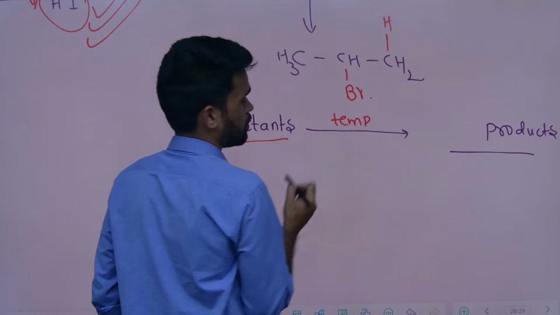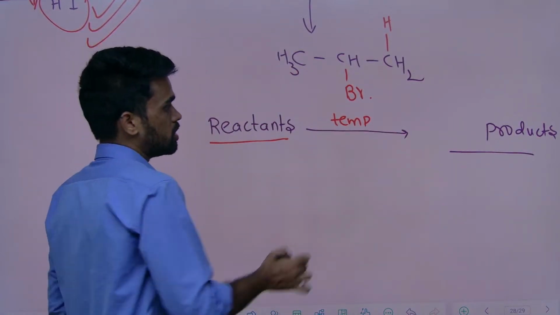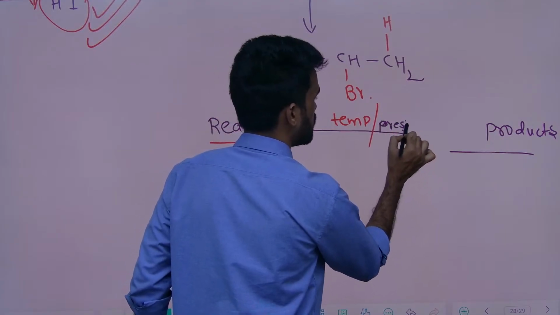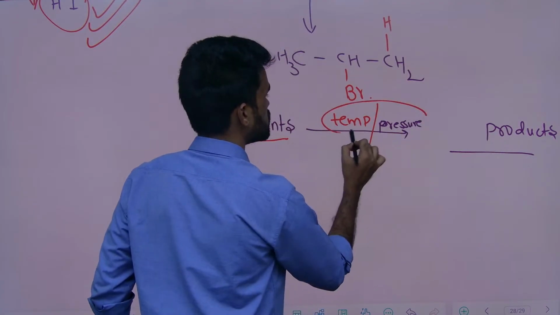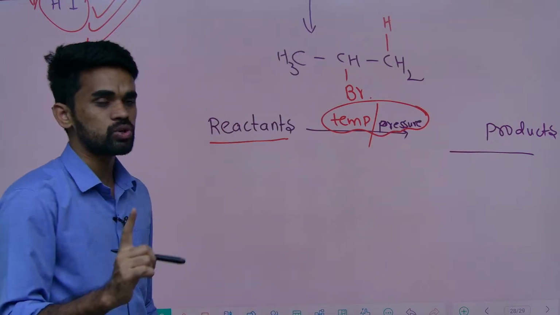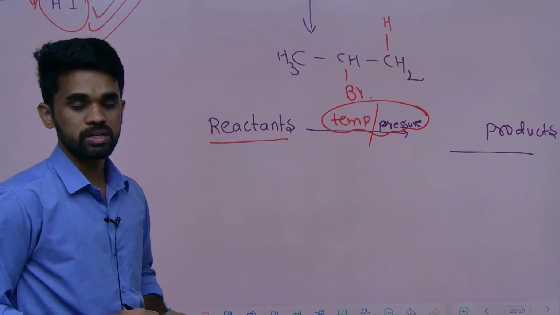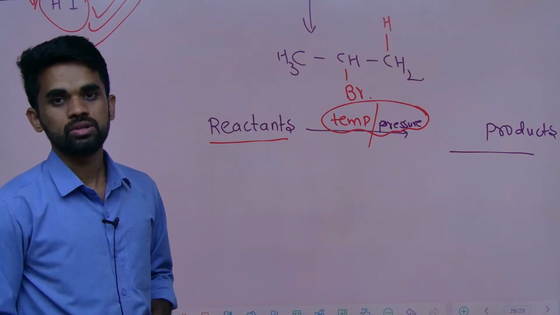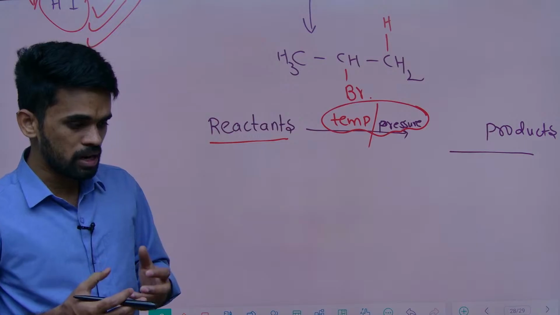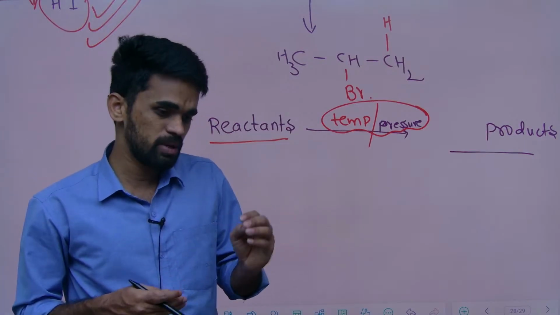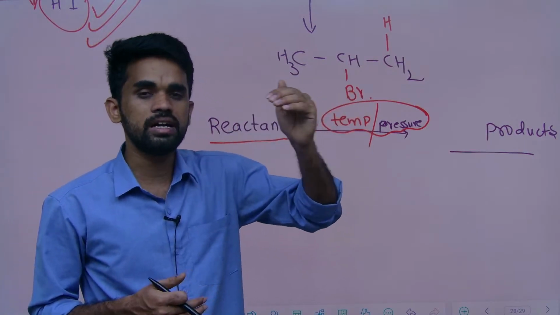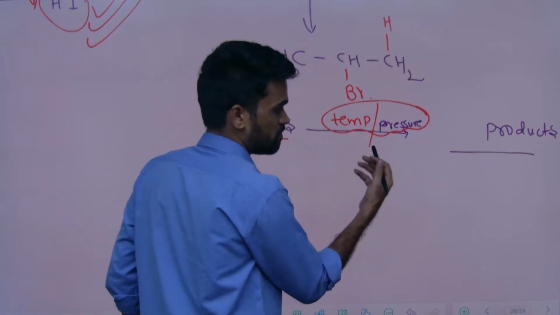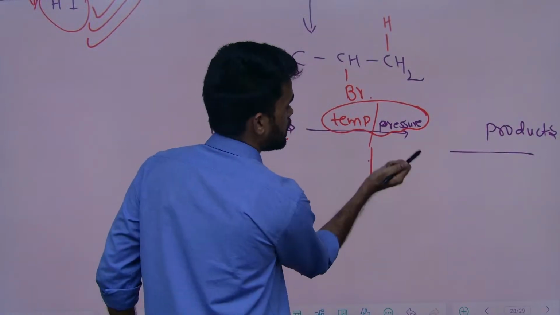Some reactions require atmospheric pressure adjustment also. Those conditions, whatever we take for that particular reaction, are mentioned on the arrow mark. Along with these conditions, sometimes we may use a catalyst also. What is the use of a catalyst? It alters the rate of a reaction. It either increases or decreases the rate of reaction. Depending upon the requirement, we may use a positive catalyst or a negative catalyst.